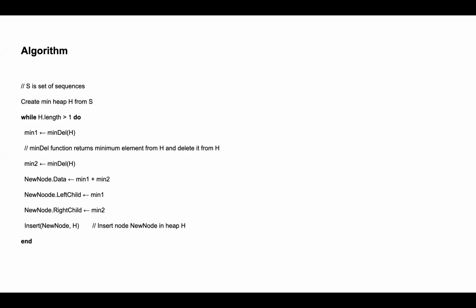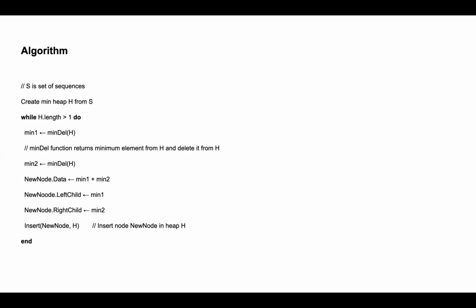Min 1 will be assigned min del of H. Min del is the function that returns the minimum element from the heap and deletes it from the heap. So min del will take the minimum element, assign it to min 1, and delete that element from H.